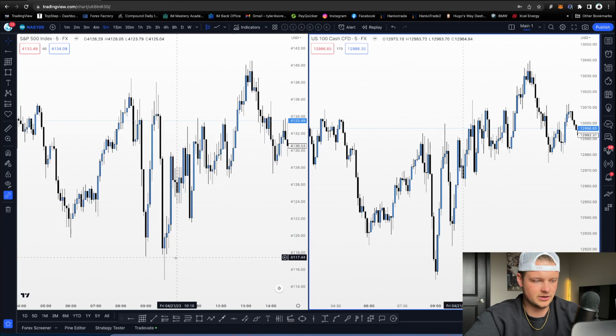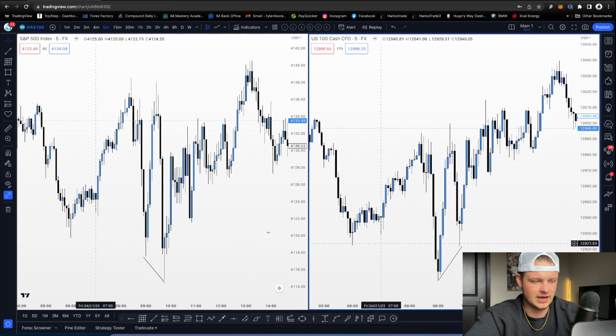You'll notice that right here is the 9:45 Central Standard Time candle on the 5-minute time frame, and then you'll see what is forming. On the S&P you have a lower low, but over here on NASDAQ, using the same pocket of time, you have a higher low.